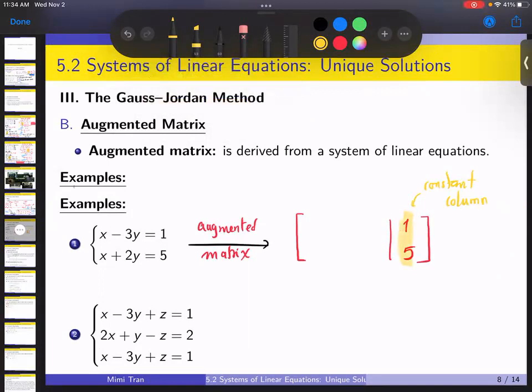And then the coefficient matrix, which is the left-hand side, like the name suggests, the coefficients of x and y. So it's going to be 1, -3, 1, 2.